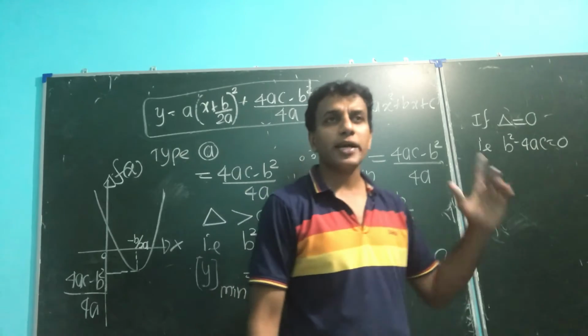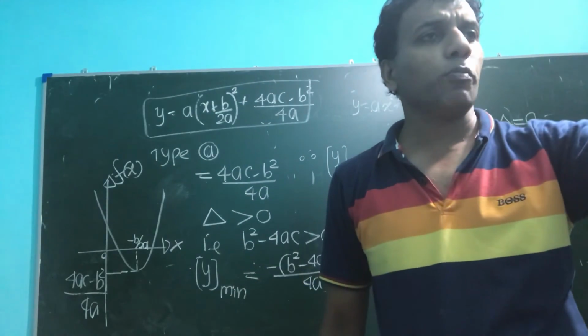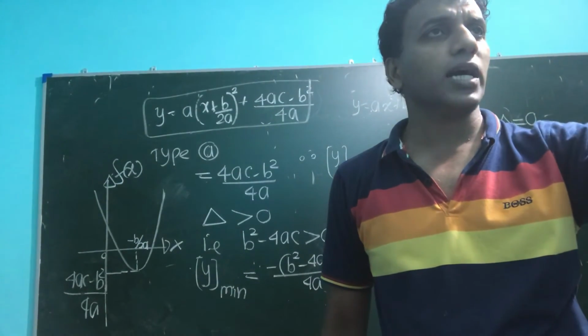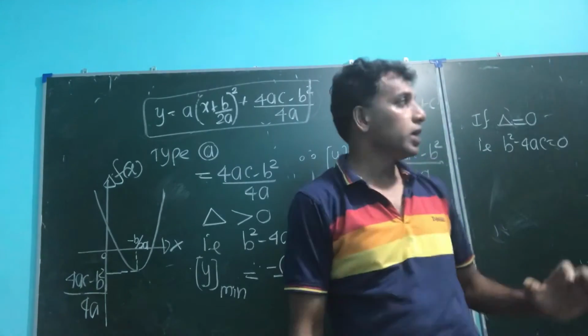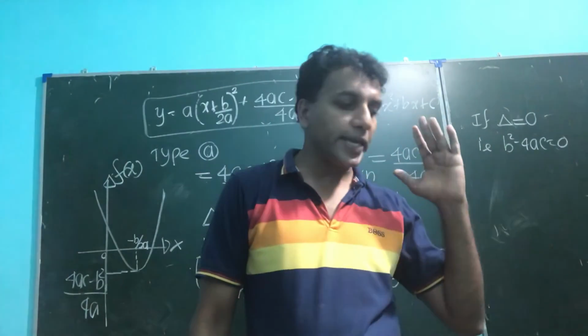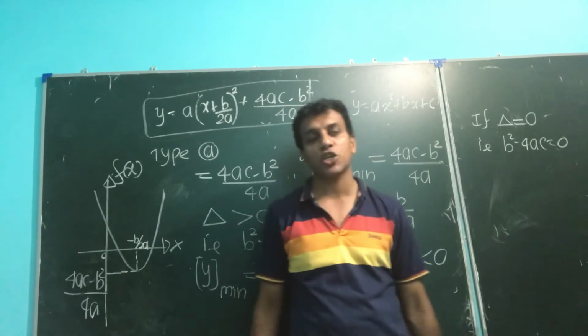So what do you mean delta becomes 0? Earlier we learned, delta 0 means 2 solutions available, both solutions are equal. Discriminant 0 means two answers available, both are equal solutions. So we'll see what happened in this quadratic function.